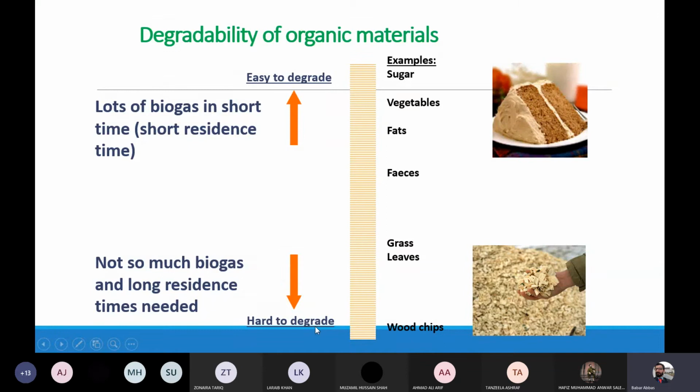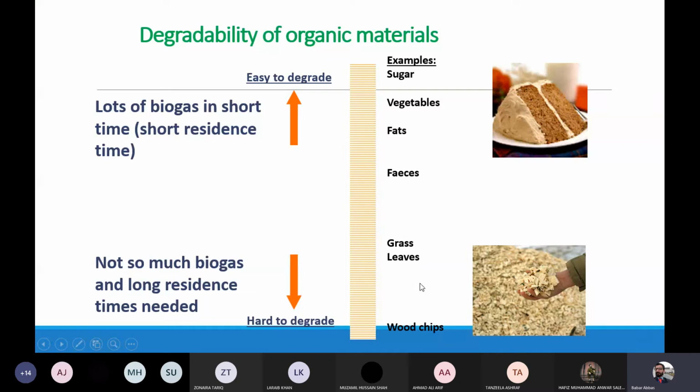Because you know that if you are having some type of waste which is hard to degrade in a given time frame, for example wood chips or grass leaves, etc., then you can add that waste into the composting pad, because in composting we have almost double the time period as compared to the biogas system.